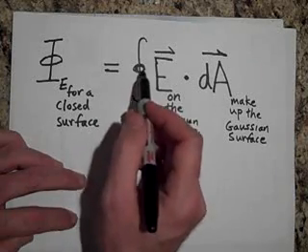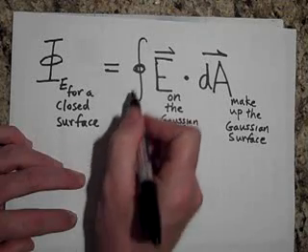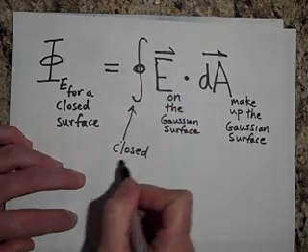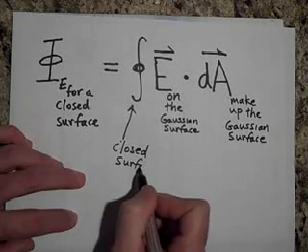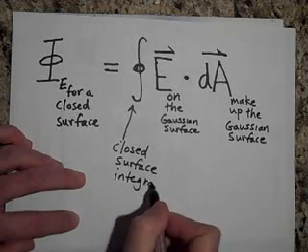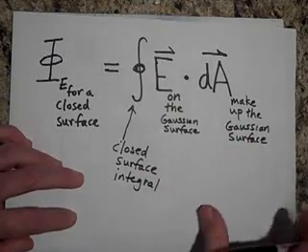This is called a closed surface integral. When you see that circle, you have a closed surface integral. It means add up the entire surface, E dot dAs for the entire surface.